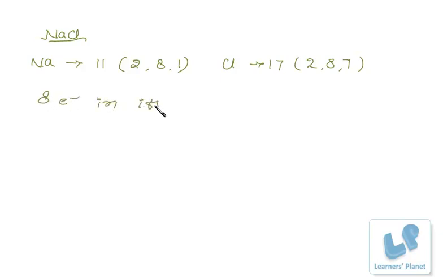See how sodium chloride is formed. Sodium: the atomic number of sodium is 11. The electronic configuration is 2, 8 and 1. Whereas the atomic number of chlorine is 17. The electronic configuration is 2, 8 and 7. Now sodium, in order to complete its octet, or to have 8 electrons in its valence shell, the outermost shell, what can it do?